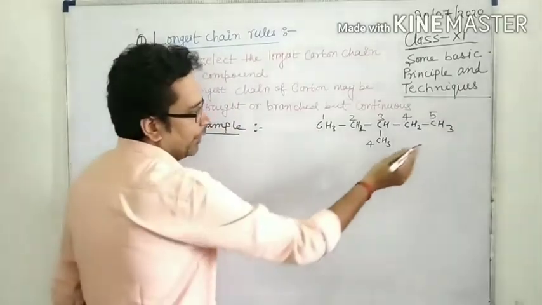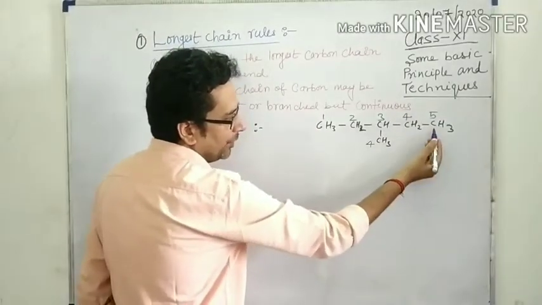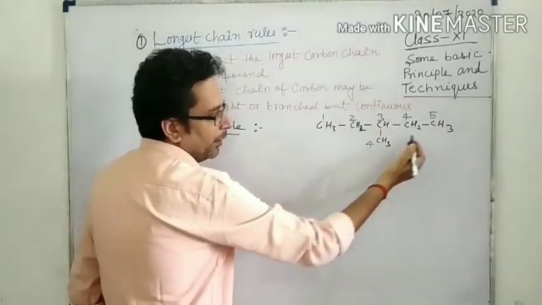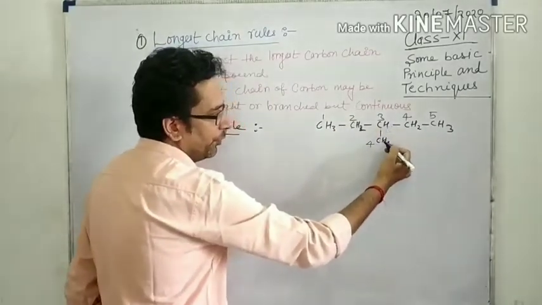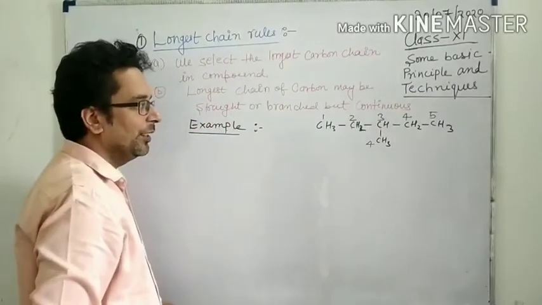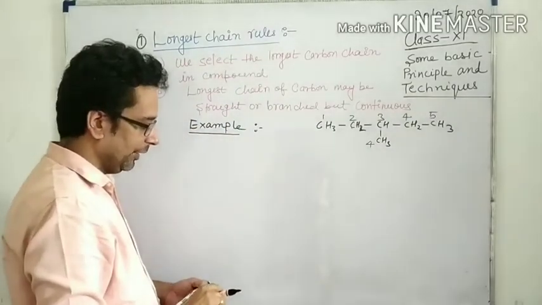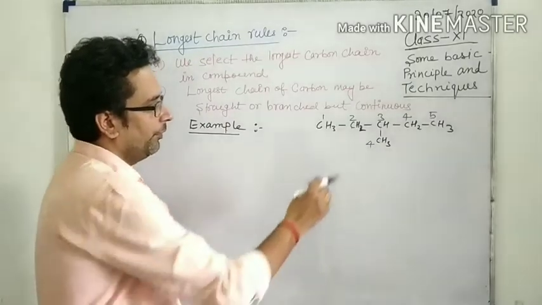Now look here from this side. If we count this side, 1, 2, 3, 4, 5. Same. Now 1, 2, 3, 4. Same. So which one is the longest carbon chain? Tell me, which one is the longest carbon chain? This one, 5 carbon.